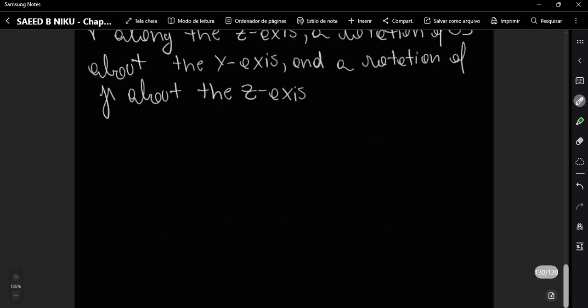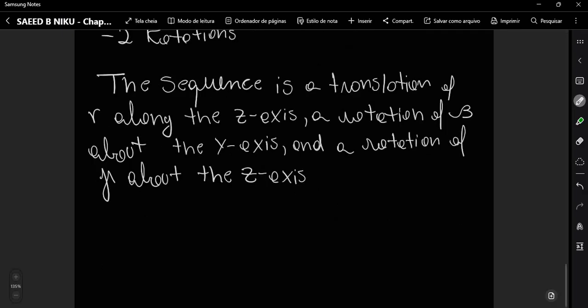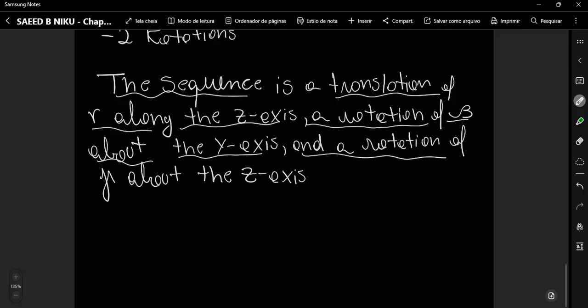So again, we can draw this description. This is a description of a motion that this robot arm is doing: a sequence of a translation of R along the z-axis, a rotation of beta about the y-axis, and a rotation of gamma about the z-axis.